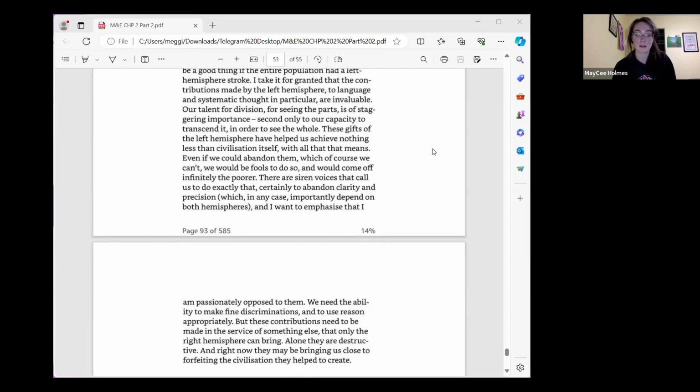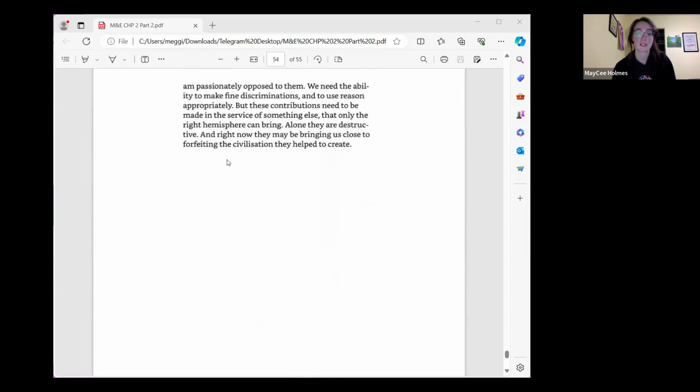We need the ability to make fine discriminations and to use reason appropriately, but these contributions need to be made in the service of something else that only the right hemisphere can bring. Alone, they are just destructive, and right now they may be bringing us close to forfeiting the civilization they helped to create. Here, here.